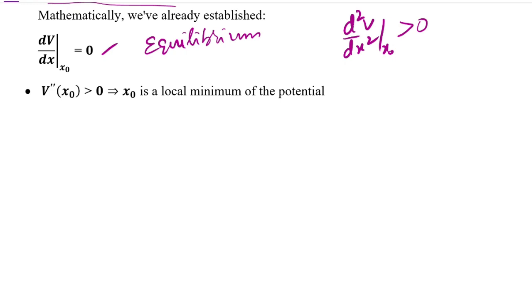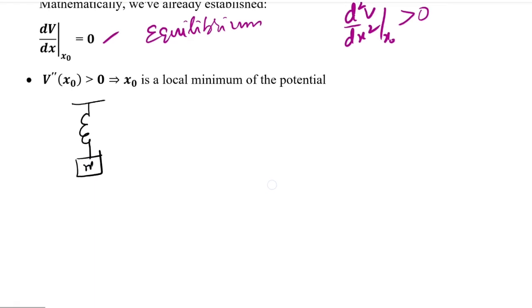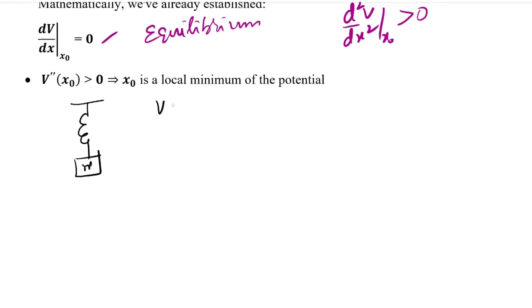For example, consider a spring mass system described by Hooke's law, a system like this. The potential energy of this type of system is V is equal to half k x square. The first derivative is dV by dx equal to kx.